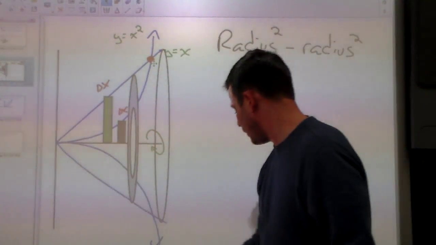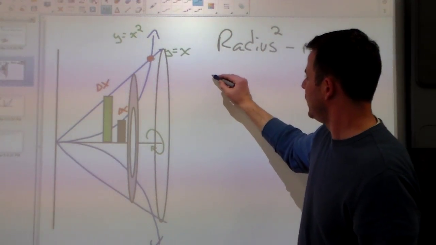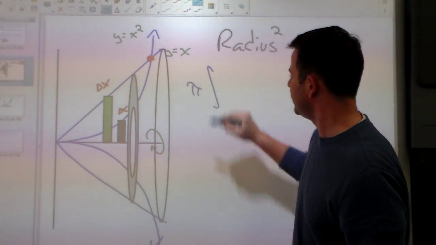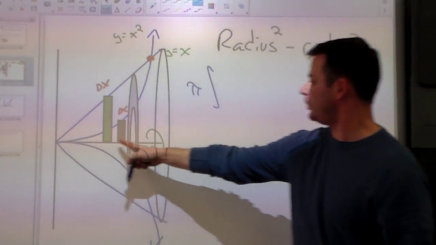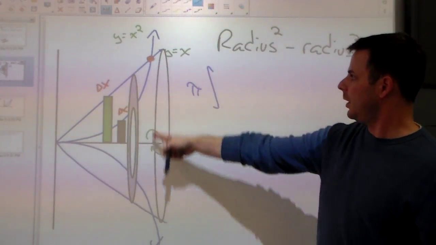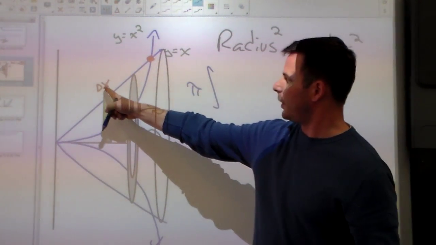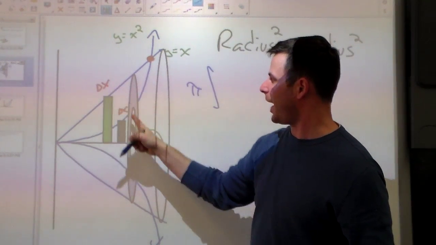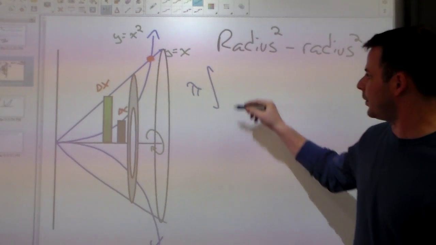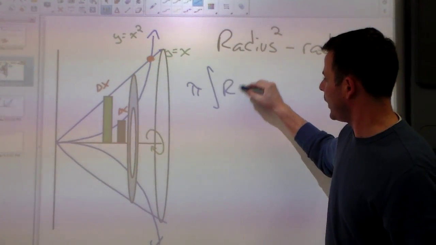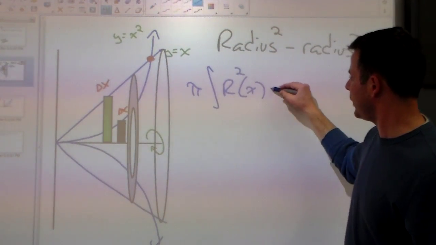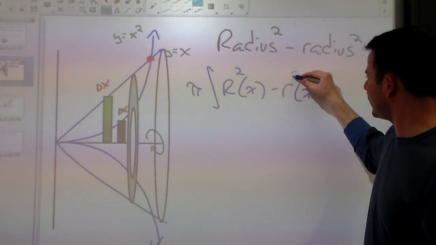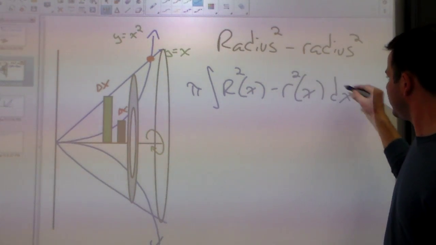So in this case, what we have is pi times the integral from 0 to 1, because that's the intersection point, and we're using x limits of integration because of our delta x width of each subintegral. So pi times the radius with respect to x squared minus the radius with respect to x squared dx.